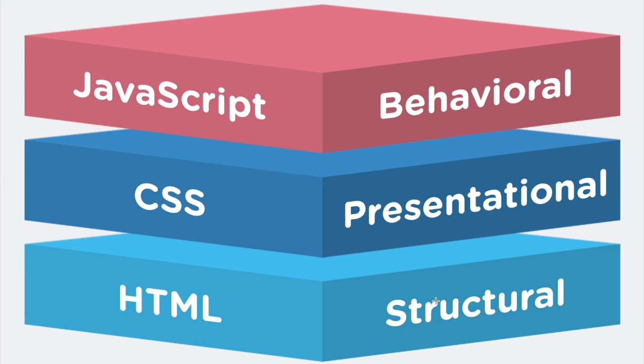If you think of a building and all the supports and internal parts of the building, it's the structure that holds everything together. That's what HTML does. And if you don't know what HTML stands for, it stands for Hypertext Markup Language. If you want to do a little research on the history of HTML, you can go ahead and do that. It's actually quite interesting, so I recommend you do that.